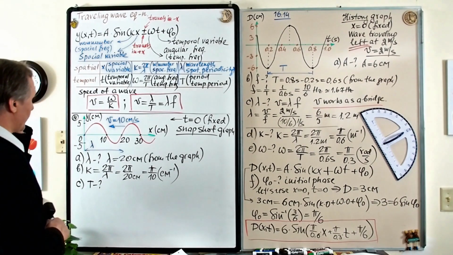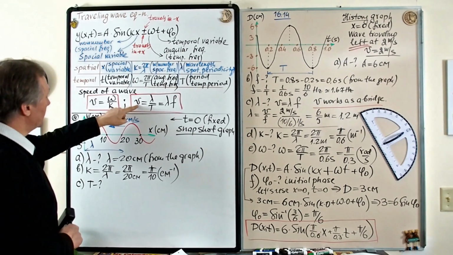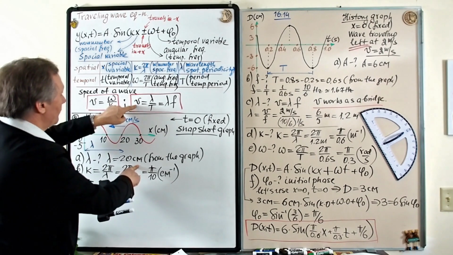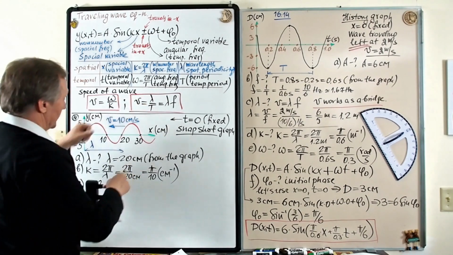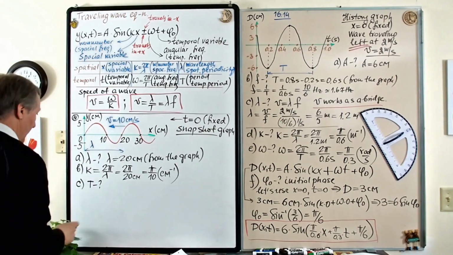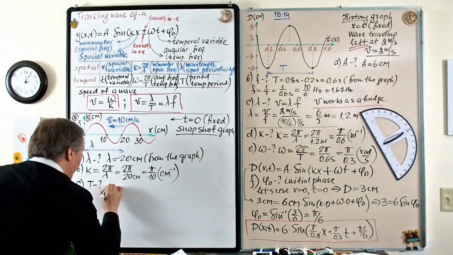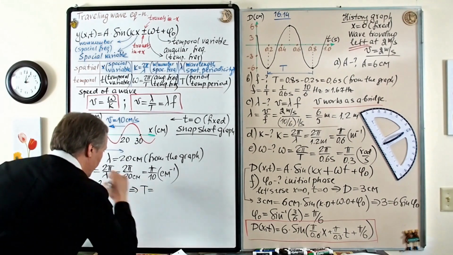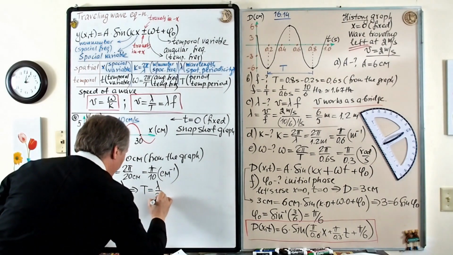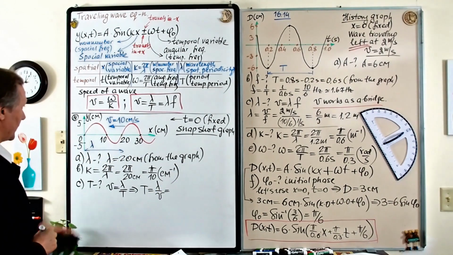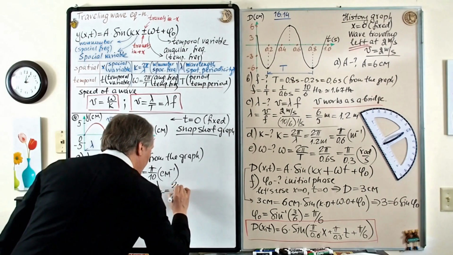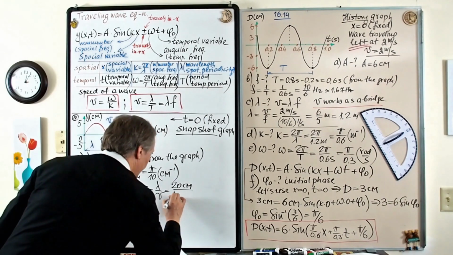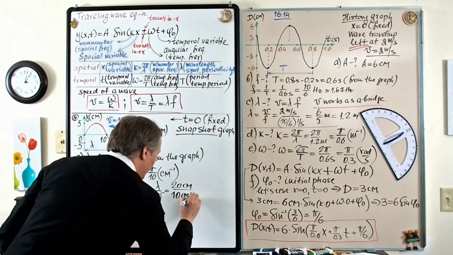So it means that we should be able to find the period. What can be used? We have speed, we have wavelength, so we can find the period from v equals lambda over T. So T equals lambda over v. Lambda is 20 centimeters, divided by v, 10 centimeters per second.